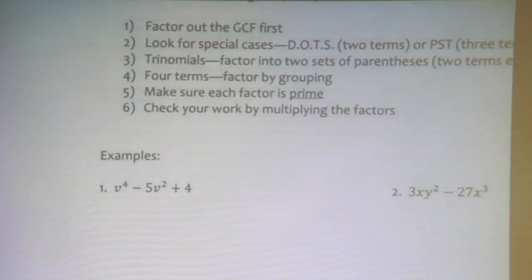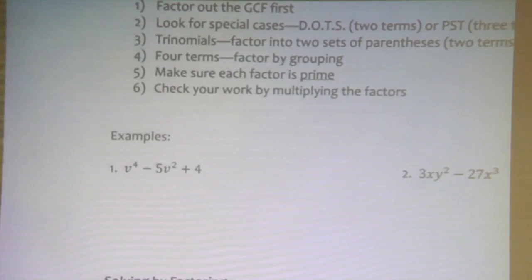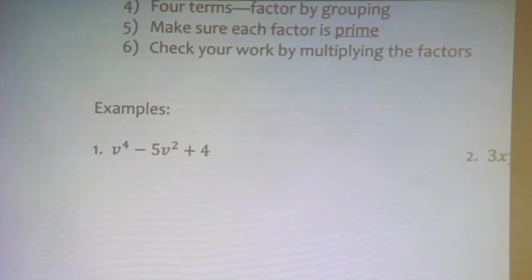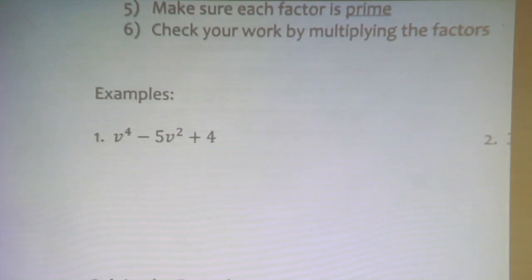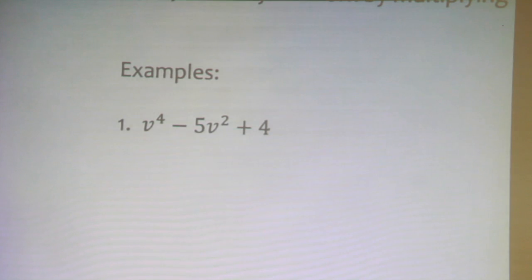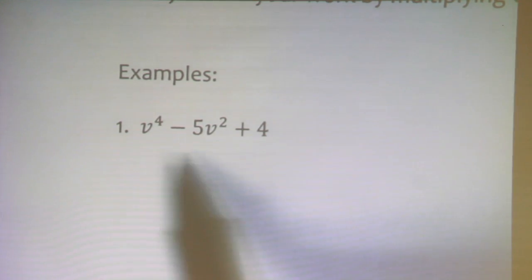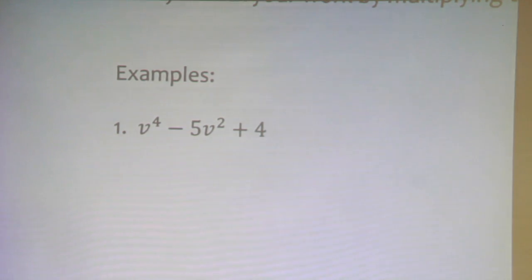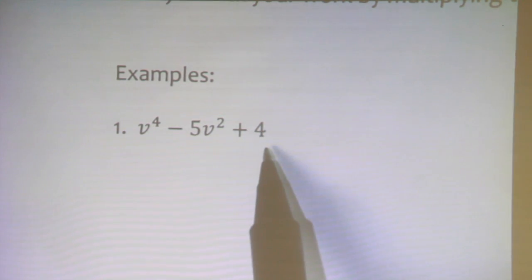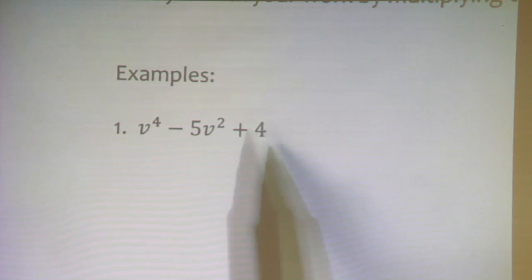The first one, go ahead and write it down. It's v to the 4th minus 5v squared plus 4. First, we check for GCF. They do not all have anything in common. It's a trinomial. It is not a perfect square trinomial.